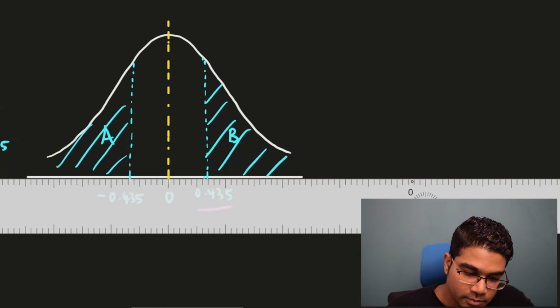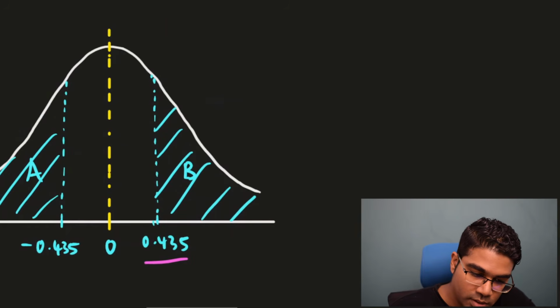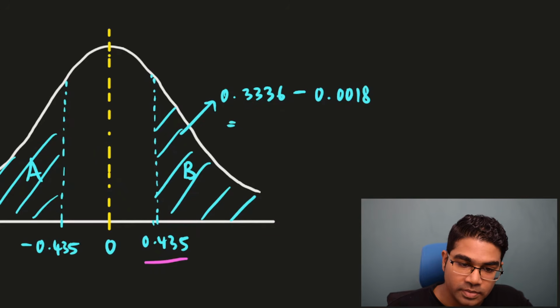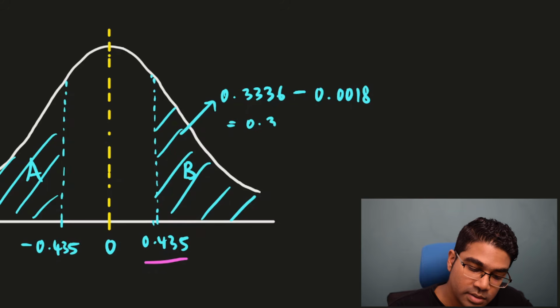This area would be 0.3336 subtract 0.0018, and the value that we would get for this is 0.3318.